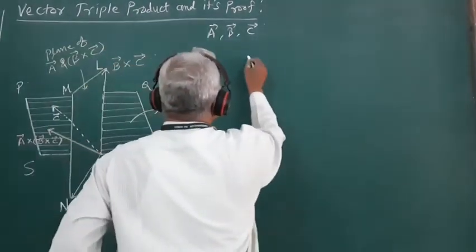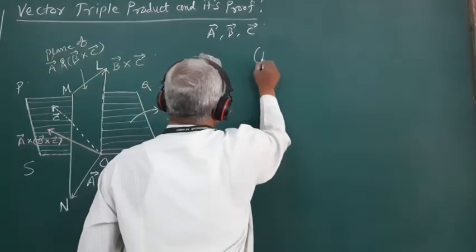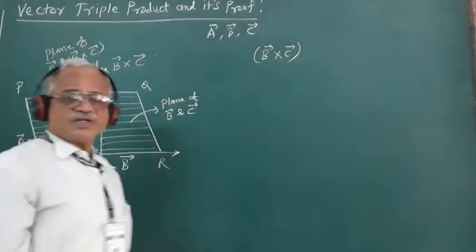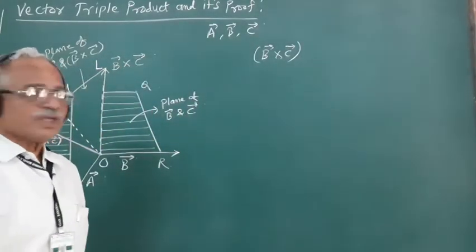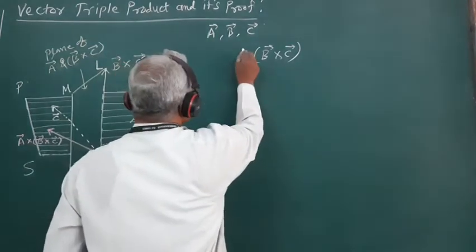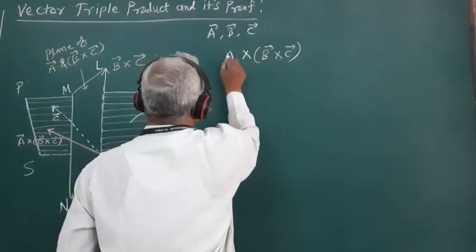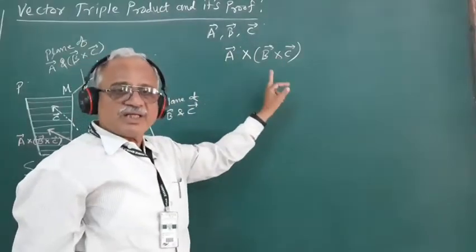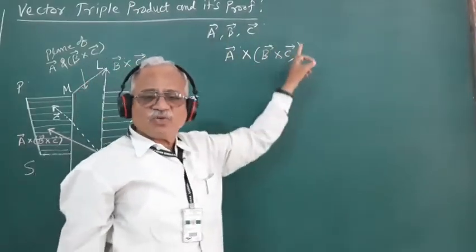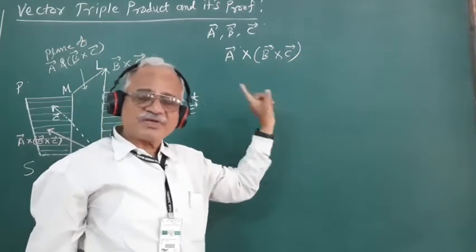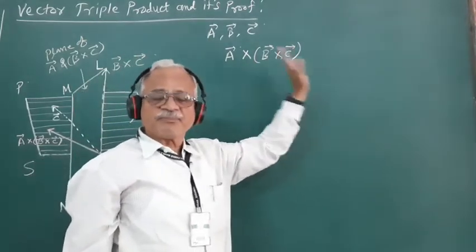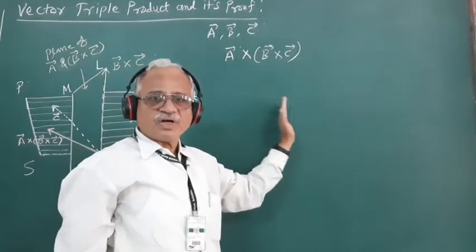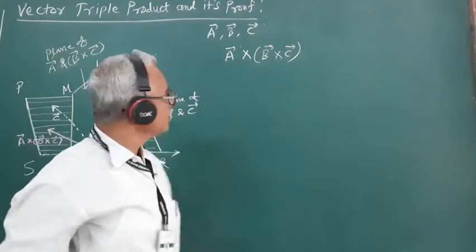So first, if we take the cross product of B bar and C bar, it will result in a vector quantity, and if again we take the cross product of A bar with the vector B bar cross C bar, then the result of multiplication of these three vectors will be a vector quantity, and hence this type of product of three vectors is called the vector triple product.